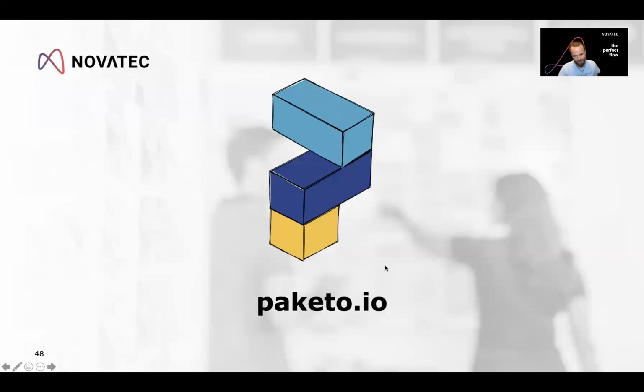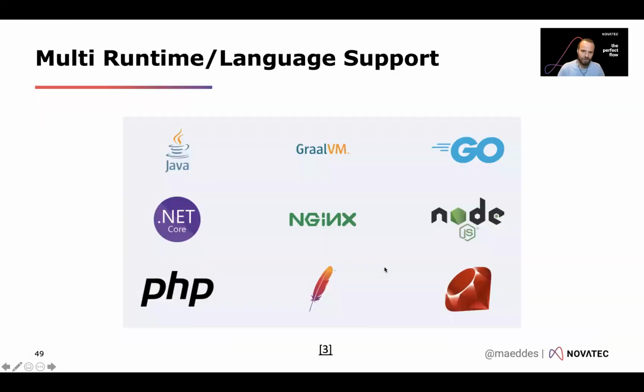Now, looking at Paketo as a real-world implementation of that, it comes with a couple of predefined Buildpacks for various runtimes. So we got .NET, PHP, Node, Go, Ruby, some Java, and also GraalVM on the Java side.